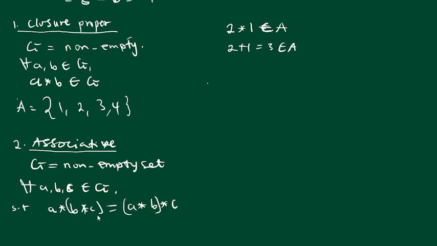So when I perform the operation on these three elements, which are members of the set G, I can decide to perform the operation on the first two, and the answer should be the same as the other grouping. Then we can talk about the associativity property.